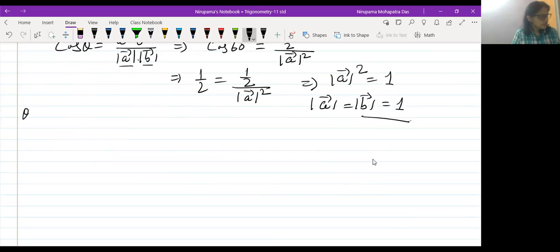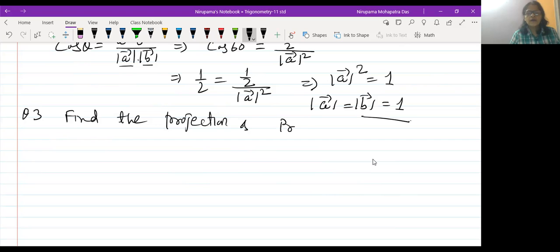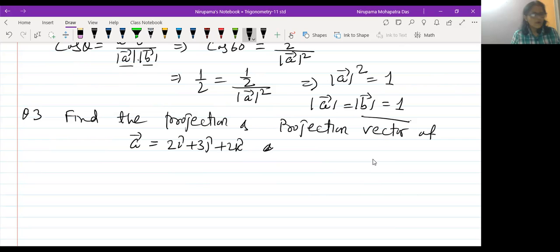Question number 3: find the scalar projection and the projection vector of the vector A equal to 2i plus 3j plus 2k on the vector B equal to i plus 2j plus k.